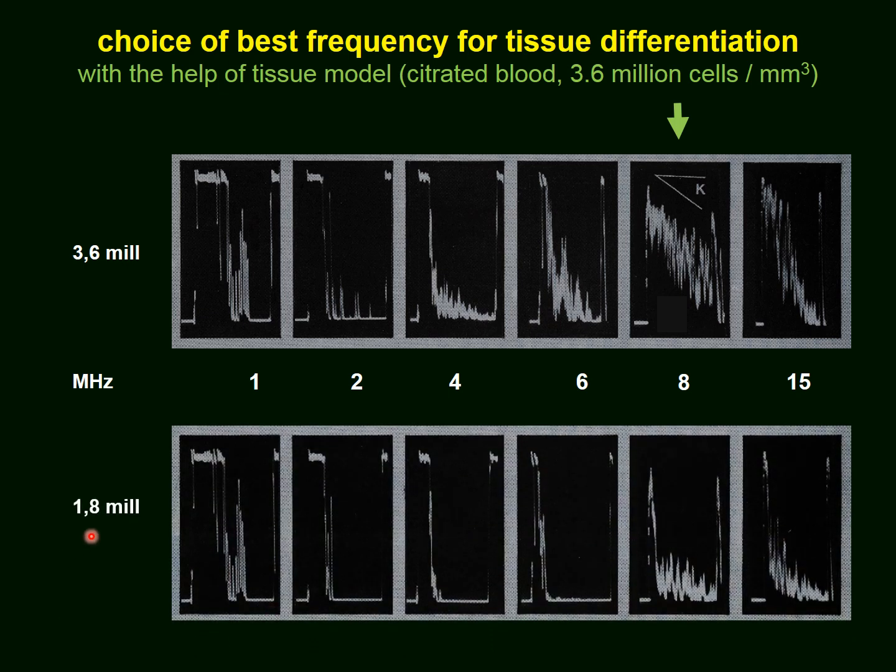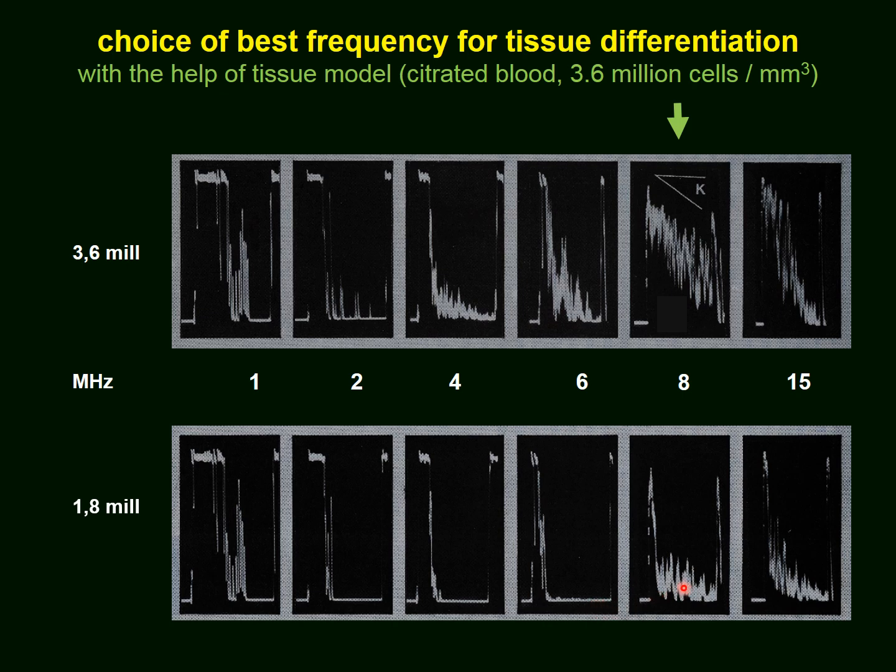We also evaluated the tissue model with a cell count of 1.8 million, and you can see that neither at 1 megahertz nor up to 6 megahertz we could obtain any signals from this less dense citrated blood.